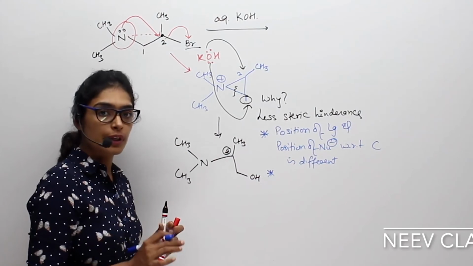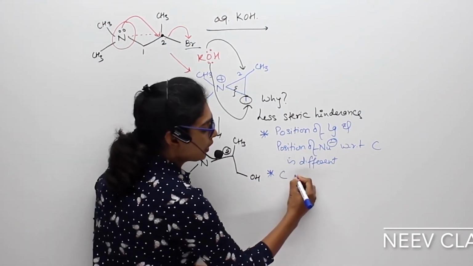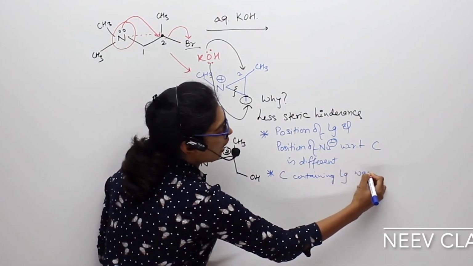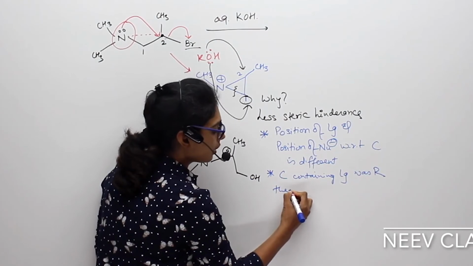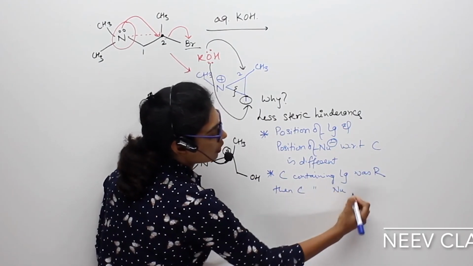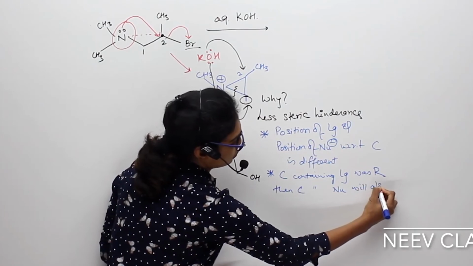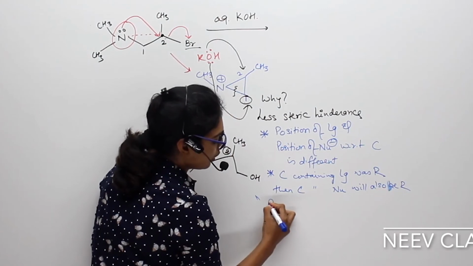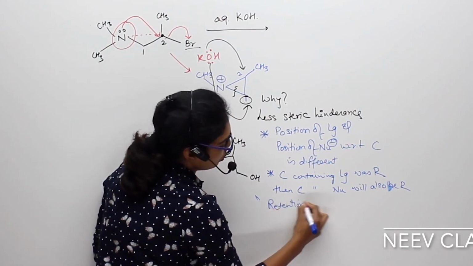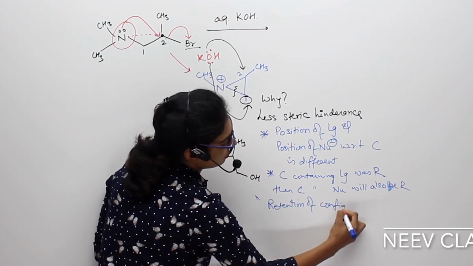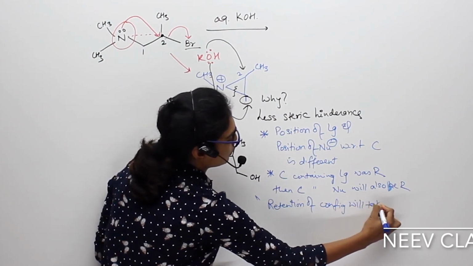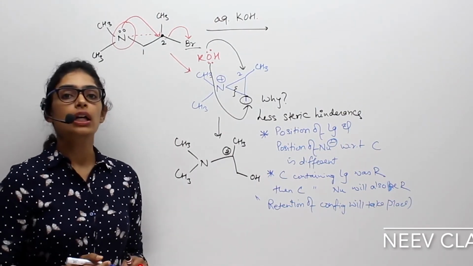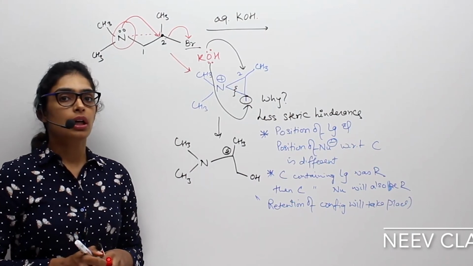So if, let's say, the carbon containing the leaving group was R, then the carbon containing the nucleophile will also be R. So retention of configuration will take place.